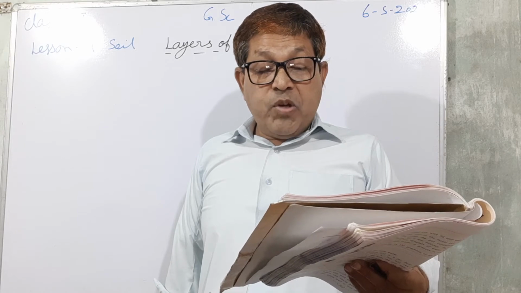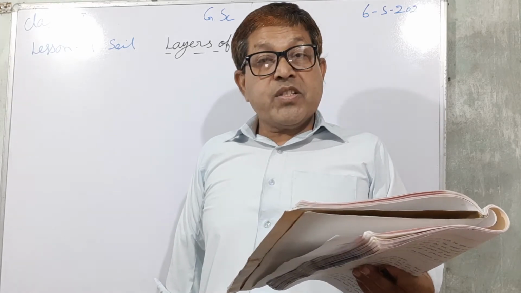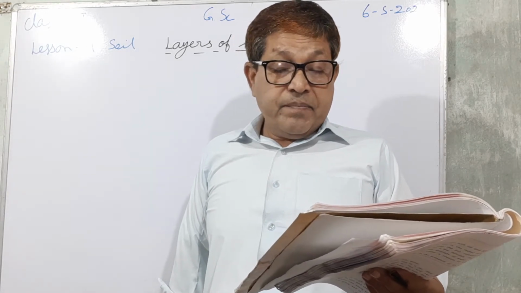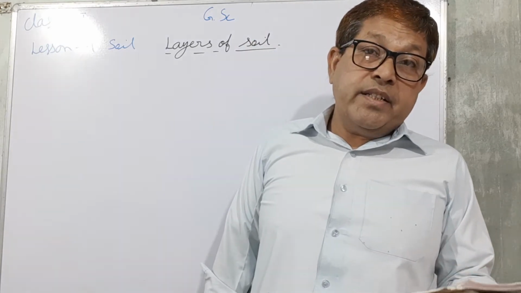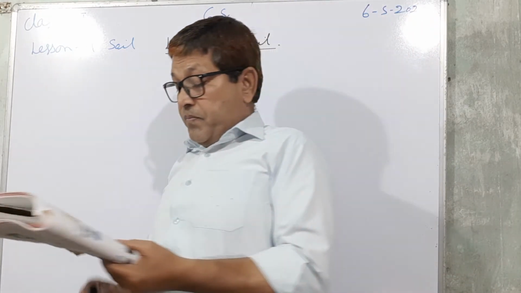The top layer of soil is soft and dark colored. It is called the topsoil.